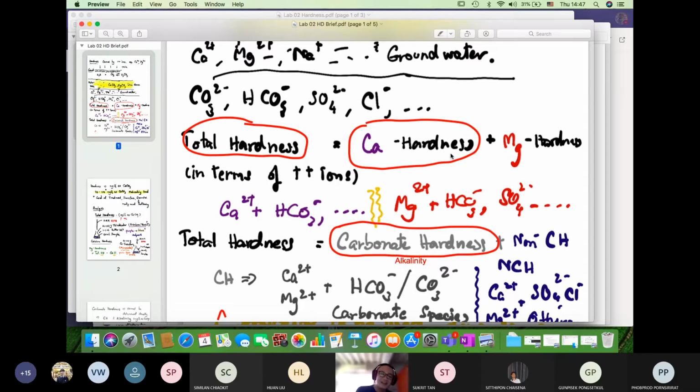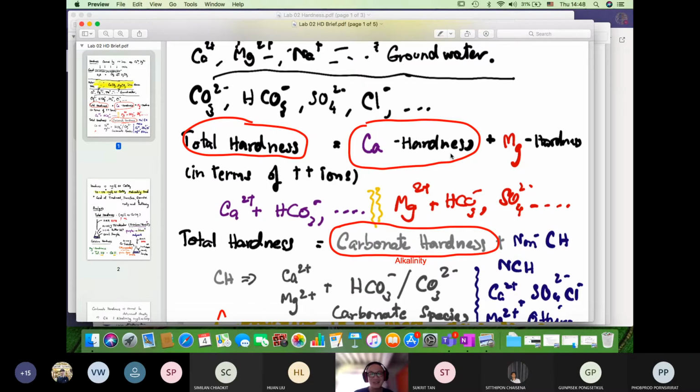Alkalinity and acidity have a really close link with the pH. Hardness, we report in the same unit as alkalinity and acidity. So the unit of these three parameters is milligrams per liter as calcium carbonate.